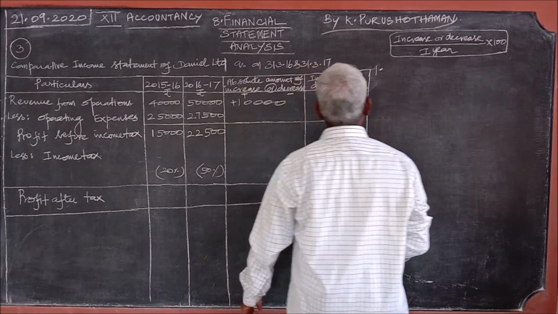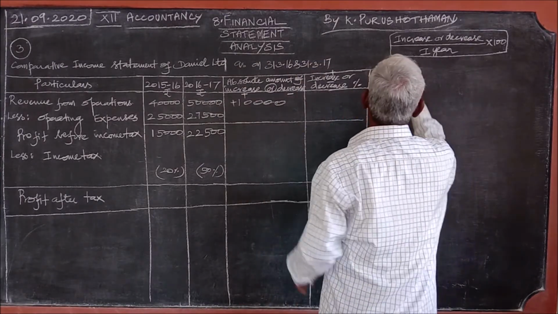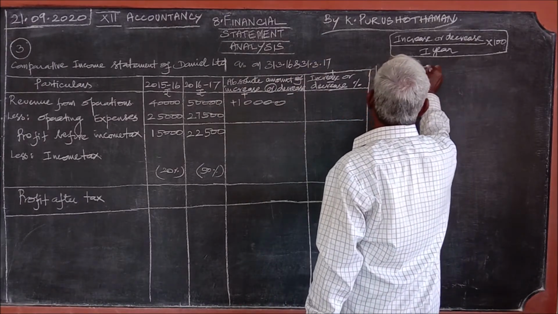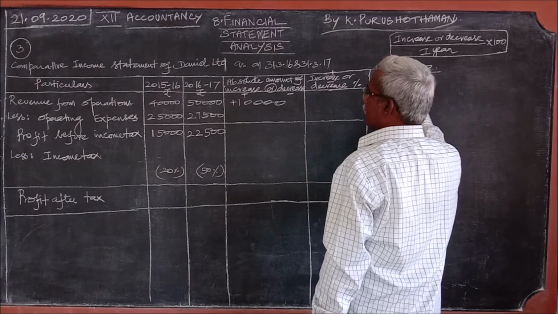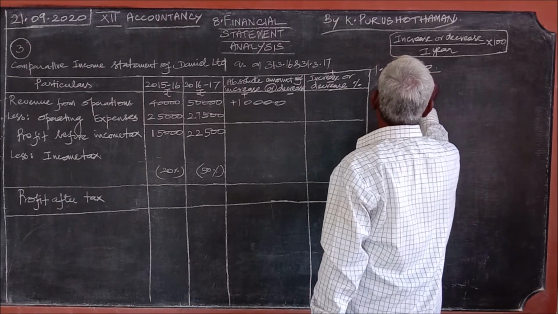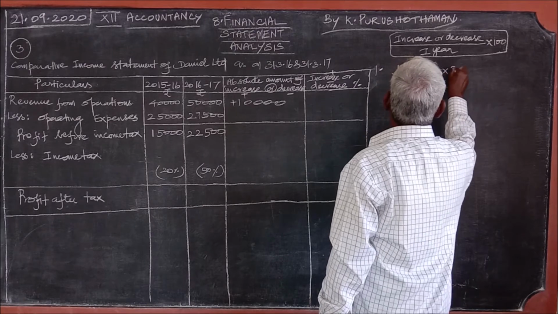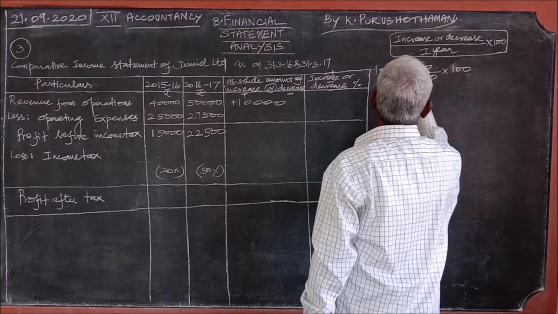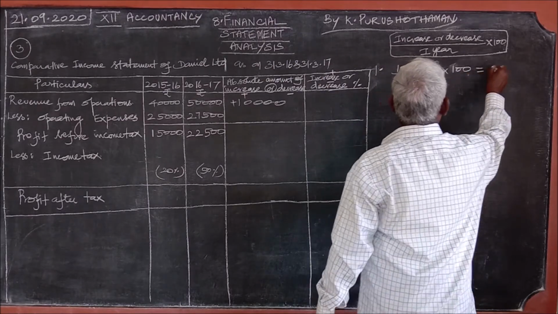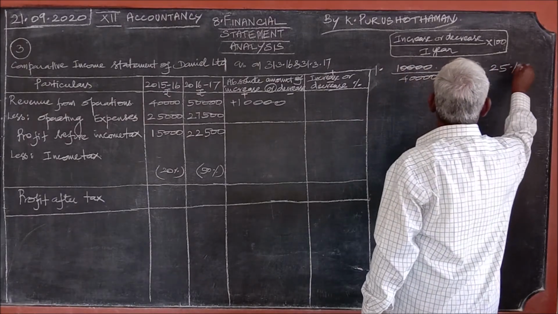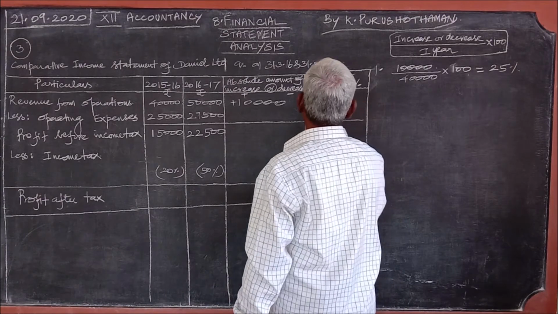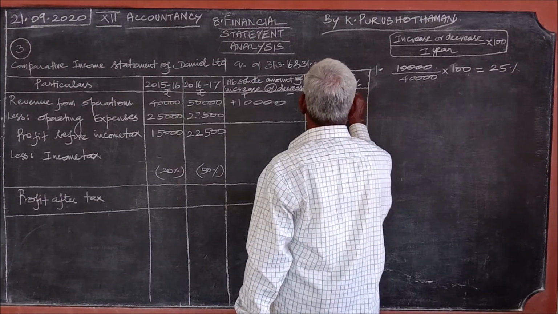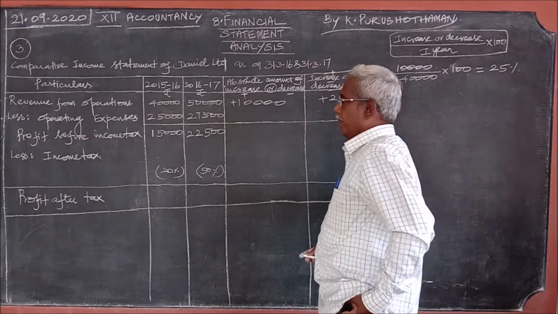Increase 10,000 by first year 40,000 into 100. If you simplify, 400 by 4, it is 25%. So here this is plus 25%.